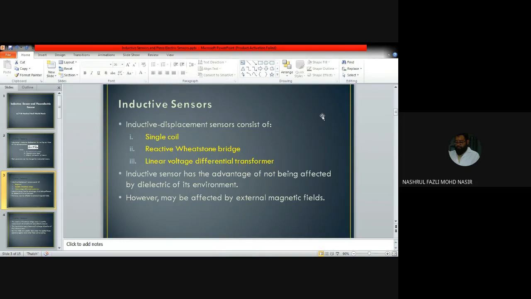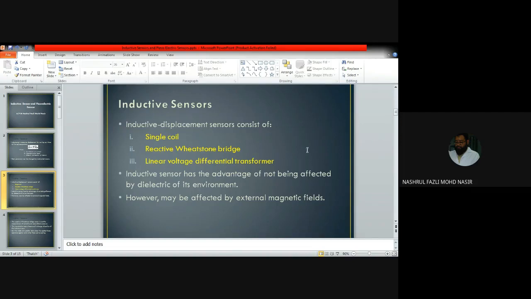The advantage of the inductive sensor is that it is not affected by the dielectric of the environment. That means it is not going to be affected by dirt, and it doesn't work with physical contact. So it is a very robust sensor.